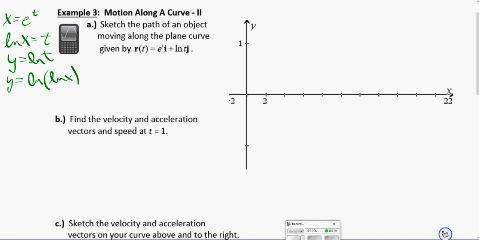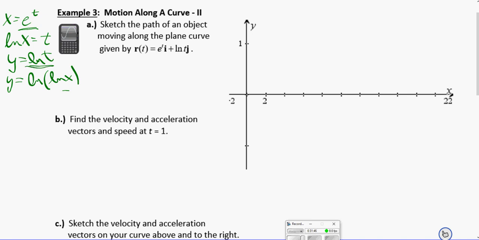So we talked yesterday about what's the domain of this vector valued function. And we know here that t is allowed to be any real number. We know here t has to be a positive number greater than 0. We now can look at what the domain of this is going to be. Since I know that t has to be greater than 0, my x value is going to be greater than 0.